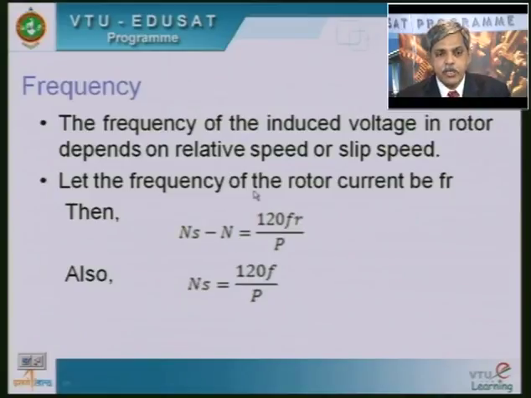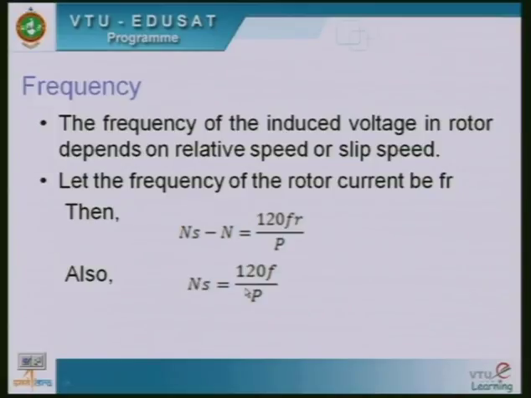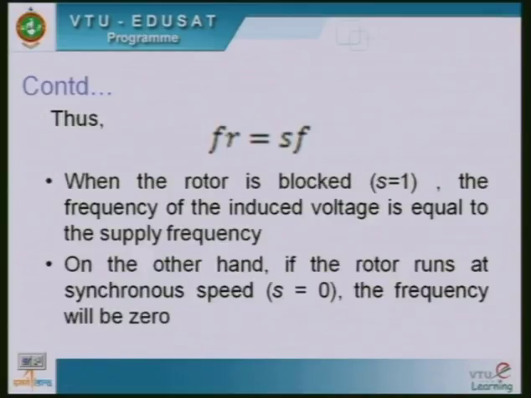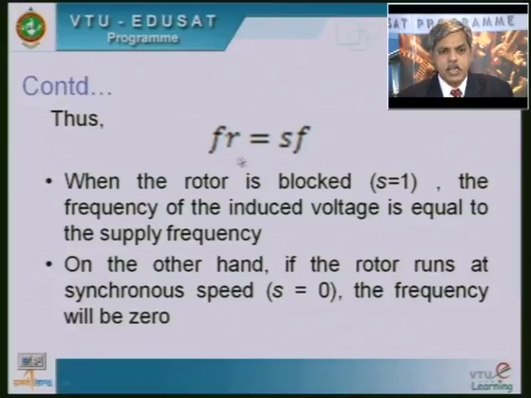Now, in this expression, ns is equal to 120 f by p, where p is the number of poles and f is the supply frequency. The rotor and stator both will have an equal number of poles. Therefore, by dividing these two, ns minus n divided by ns, we get a relationship between the supply frequency and the rotor frequency under running condition. This is the expression which gives us the relationship between rotor frequency and stator frequency through the slip of the induction motor.